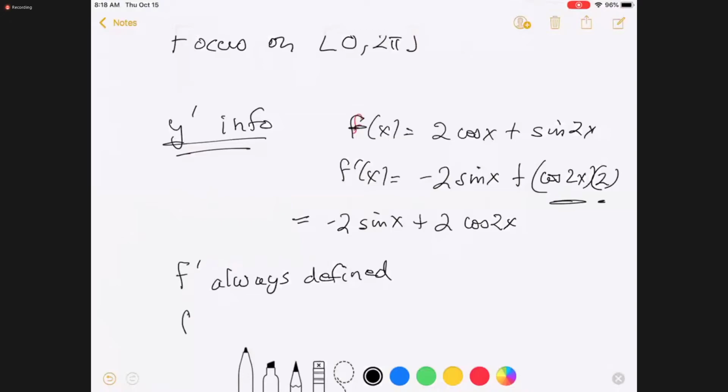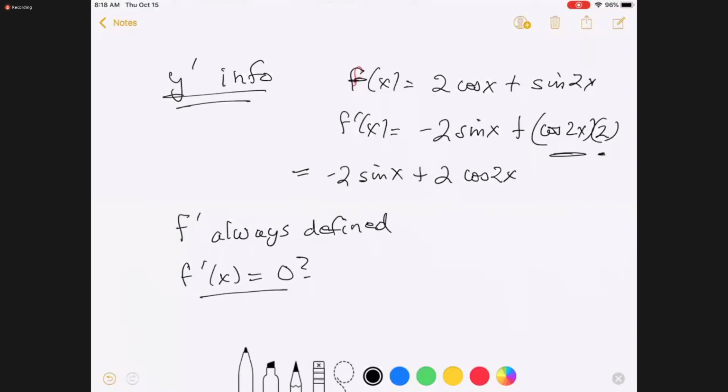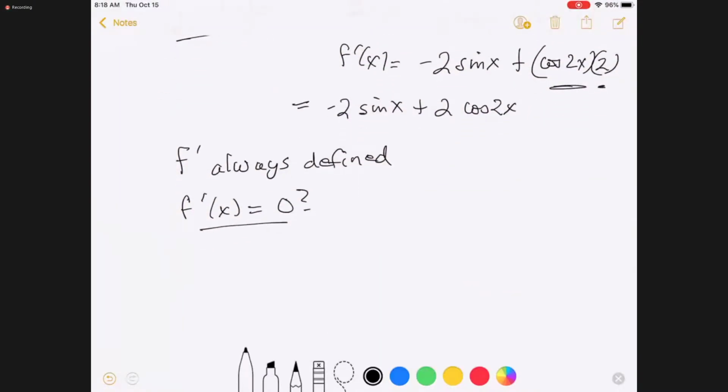Where is it equal to 0? We need to know those to know where possible changes from increasing to decreasing or vice versa can occur. So I want to set minus 2 sine of x plus 2 cosine of 2x equal to 0.